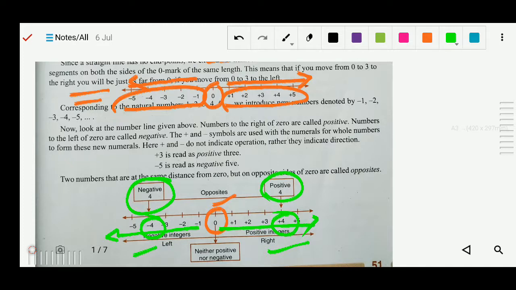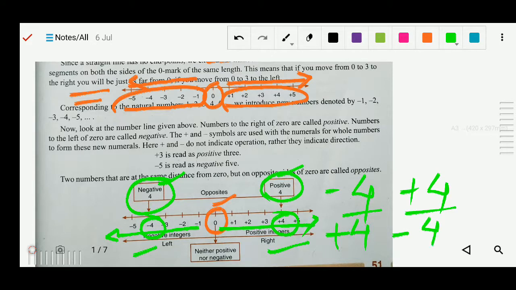Okay, so these are called opposites. This 4 and this 4 are called opposites. The opposite of -4 will be positive +4, or the opposite of +4 will be -4. Got it? Or the opposite of -2 will be +2, and the opposite of +2 will be -2.